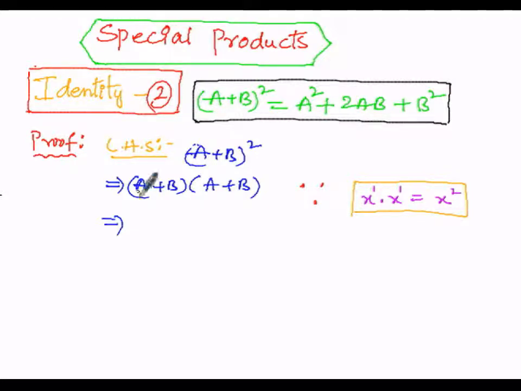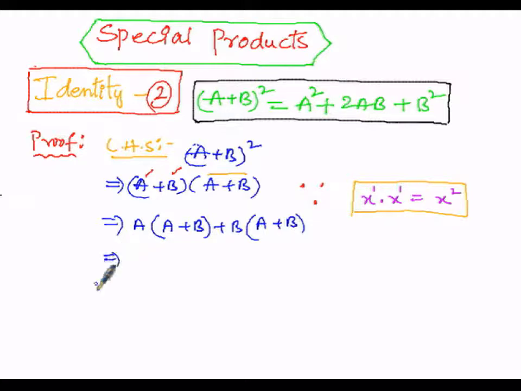Now I want to multiply first of all this a with the entire bracket, that is a plus b. So a into the entire bracket a plus b, and the second term must be multiplied with the entire bracket once again, that is a plus b.